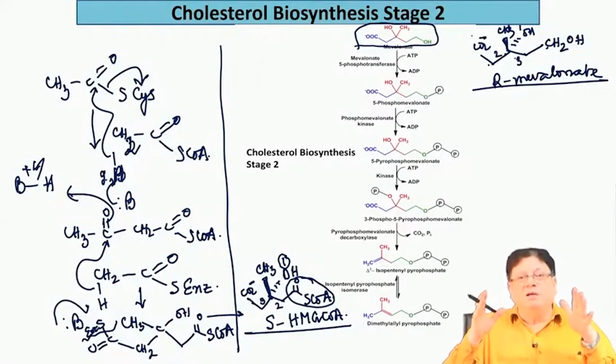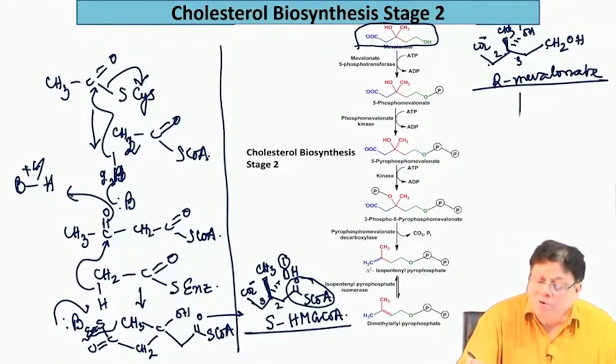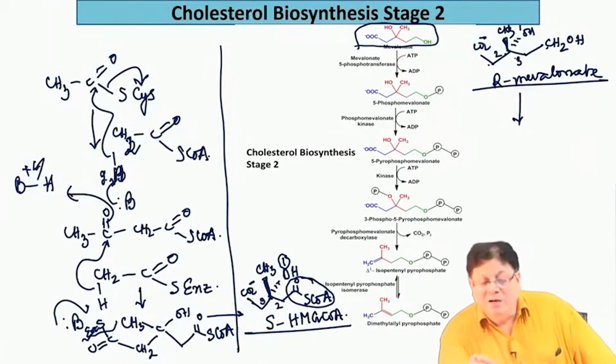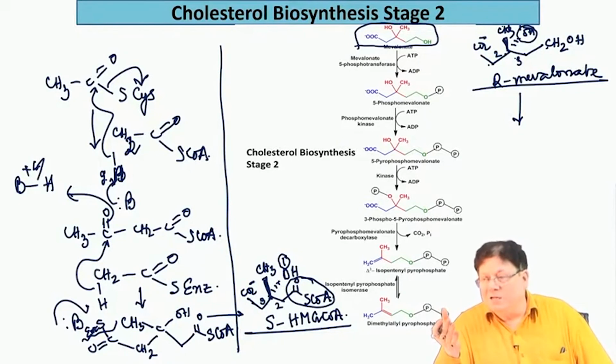How is the C5 unit formed? You can form the C5 unit if you do a decarboxylation, a decarboxylative elimination, losing CO2, and then make a good leaving group out of the OH. So, phosphorylation of the OH.